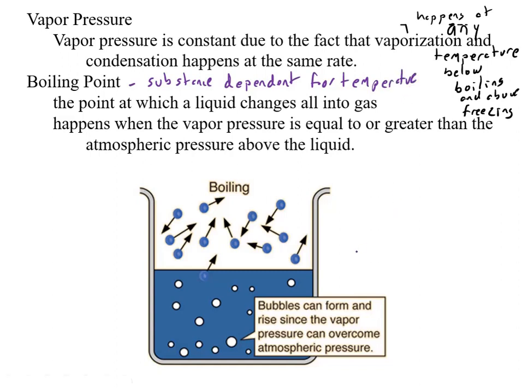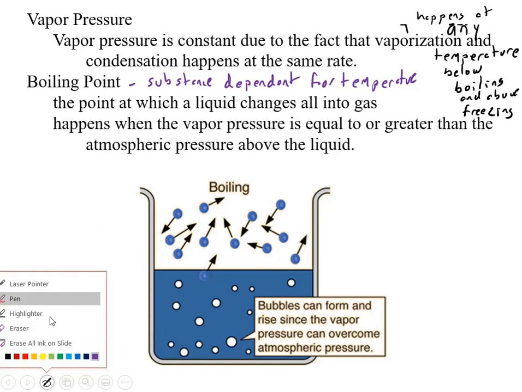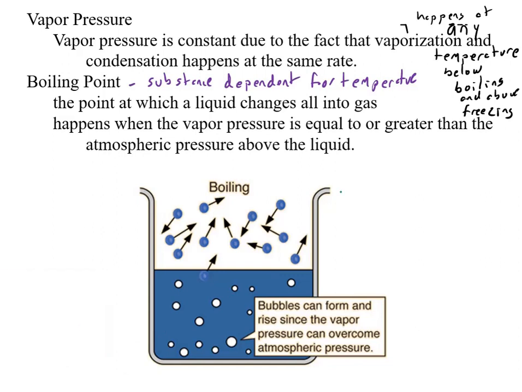So the substance has to be at or above that temperature in order for boiling to occur. And boiling is different than vaporization because vaporization only occurs at the surface.